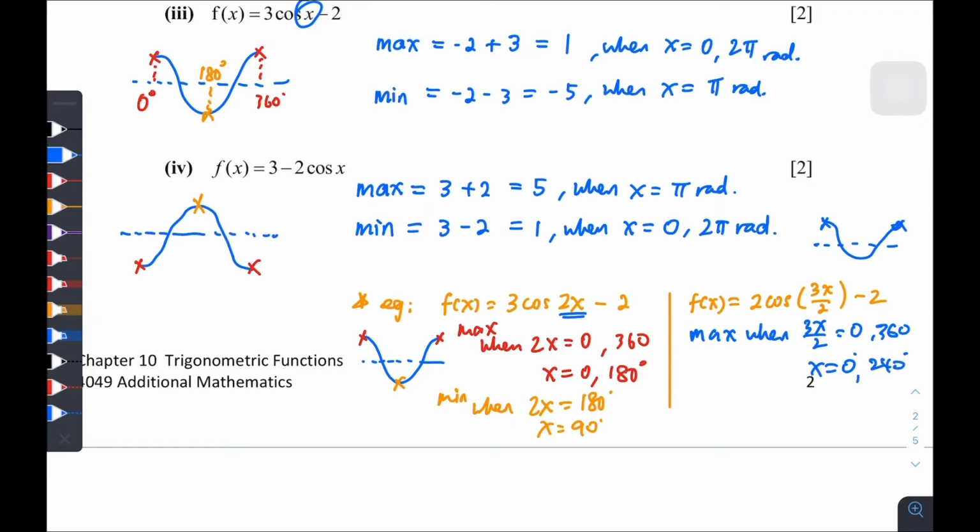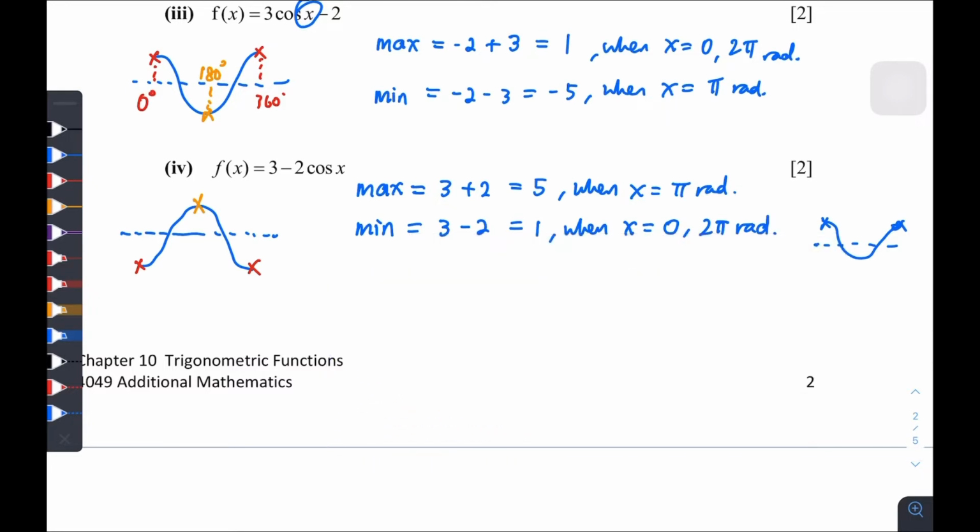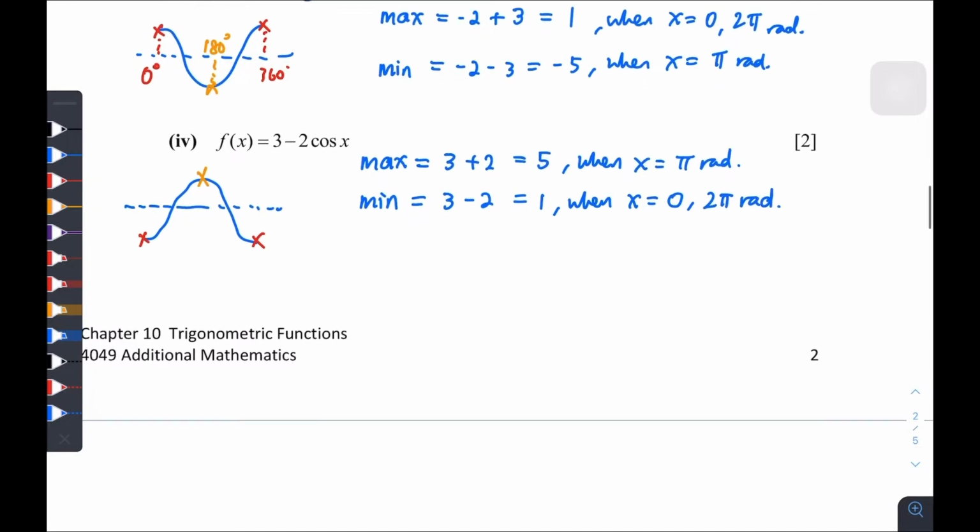And the minimum when 3x over 2 is equal to 180, so x would be equal to 120 degrees. Okay, so things like that. If the angle is not 1x, then you have to do a little bit of adjustment. So it's something like solving for the angle when you're doing the ASTC, and then you need to do some readjustments at the end.